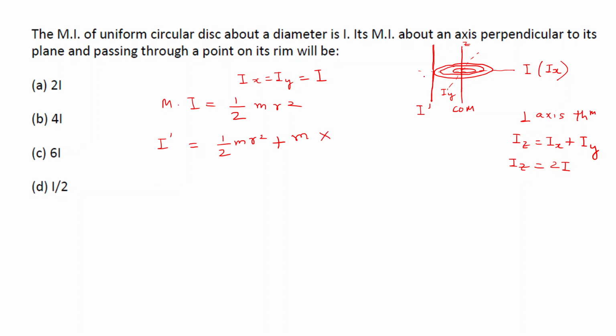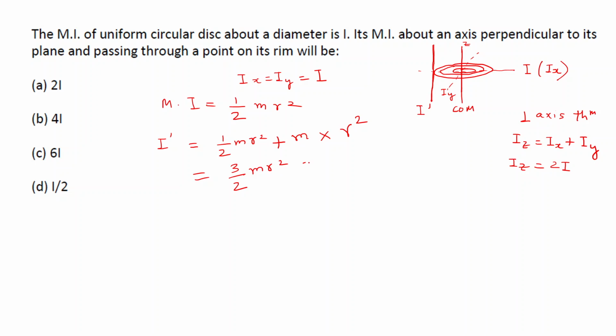Now what will be the distance between these two? This is the center, this is the rim, so whatever is the radius of this disk, it will be that only. So 1 plus half will be 3 by 2 mr square.